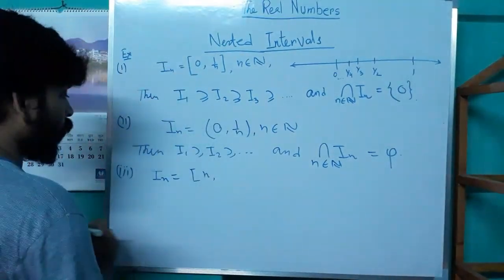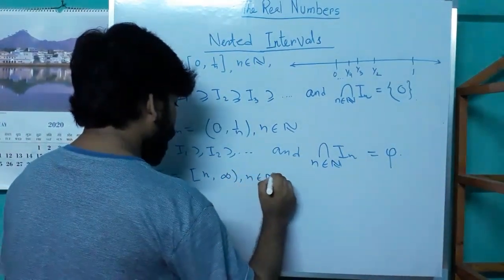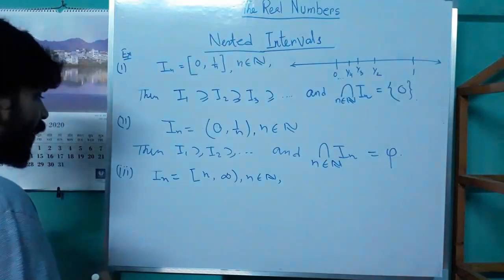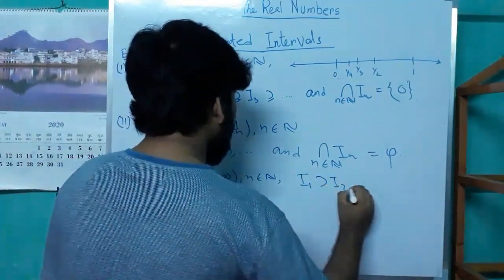Okay, next example, we consider the set In equal to the infinite closed interval [n, infinity). Then obviously this is the nested intervals.